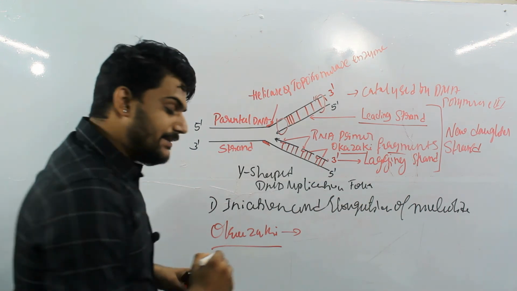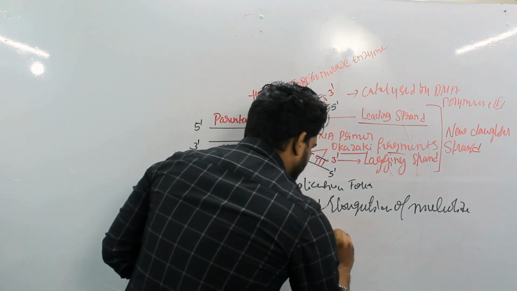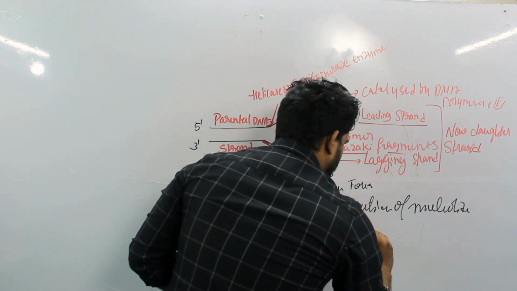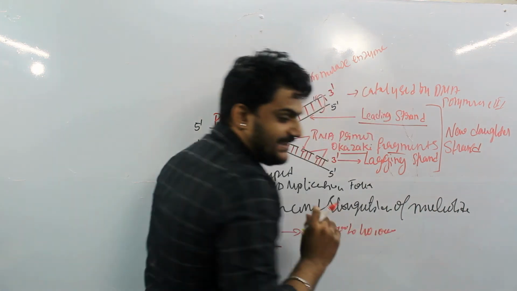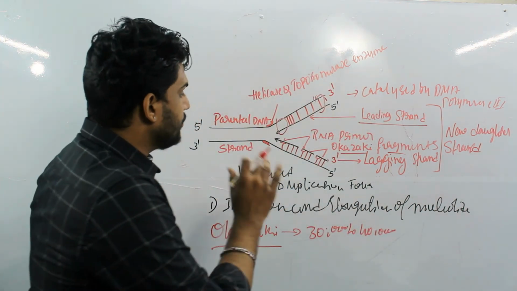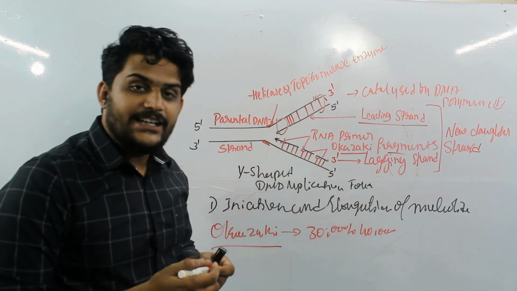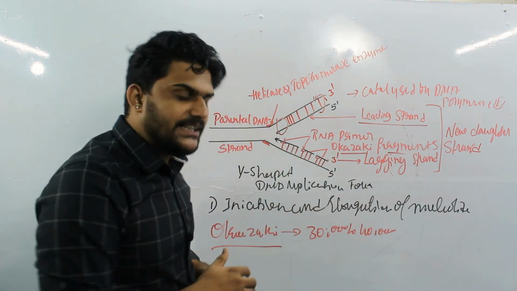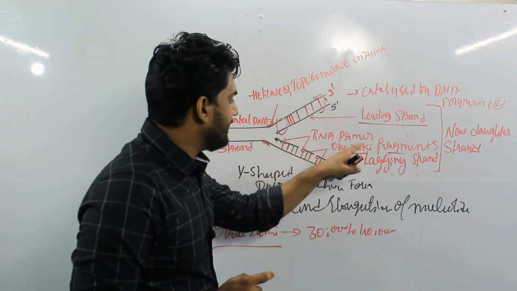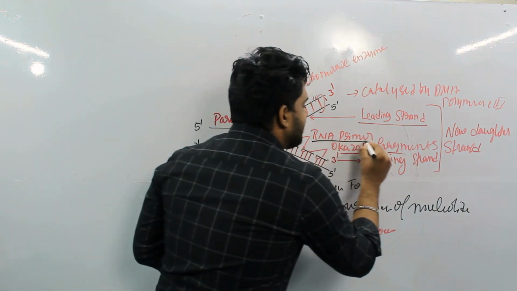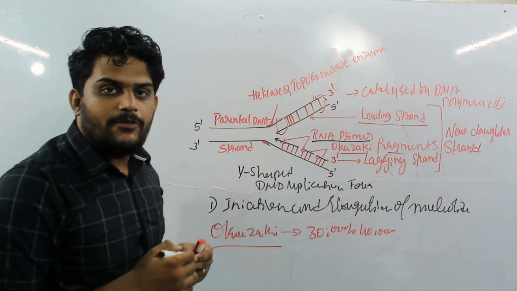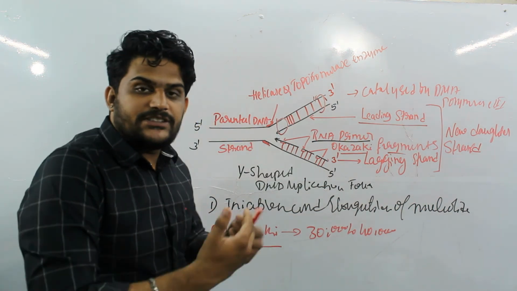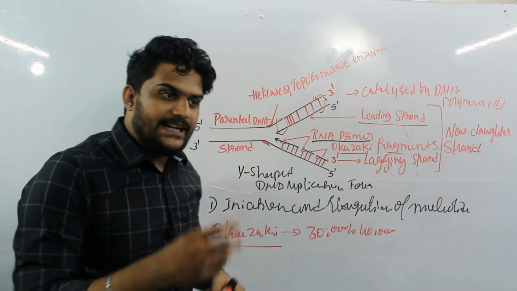The Okazaki fragments are of 30,000 to 40,000 nucleotides, and for each and every formation of Okazaki fragments, an RNA primer is required.